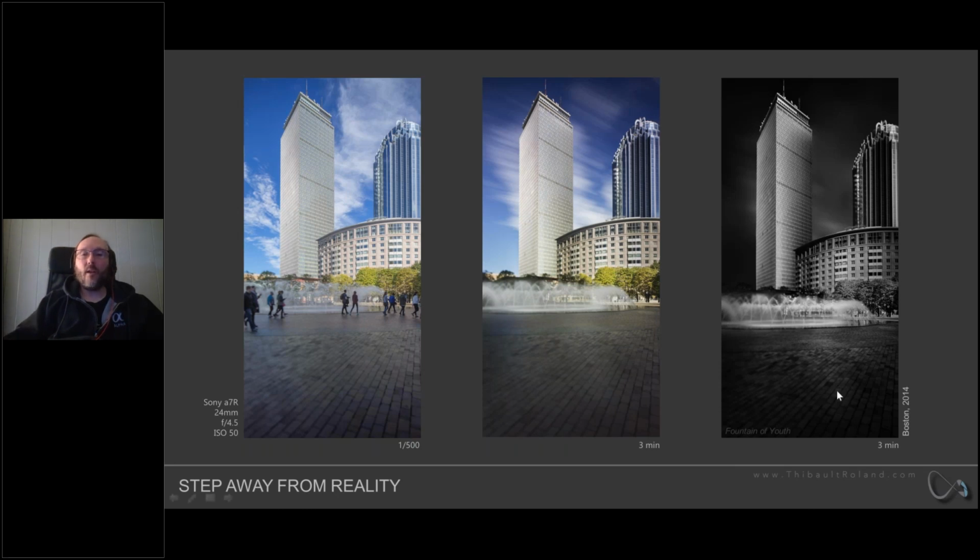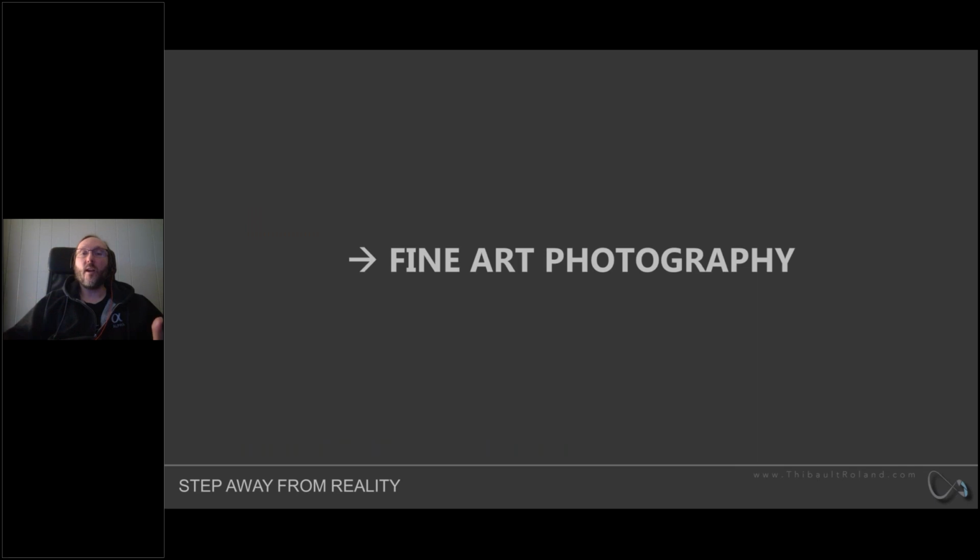If now I play a little bit with editing to convert this color picture into black and white, you can see how I'm completely stepping away from reality. And this really gets me into the realm of fine art photography as I defined it earlier, which is pretty much opposite to documentary photography, where in fine art photography, I'm really deciding, I have this idea in my mind, a very subjective idea of how my final image will look.